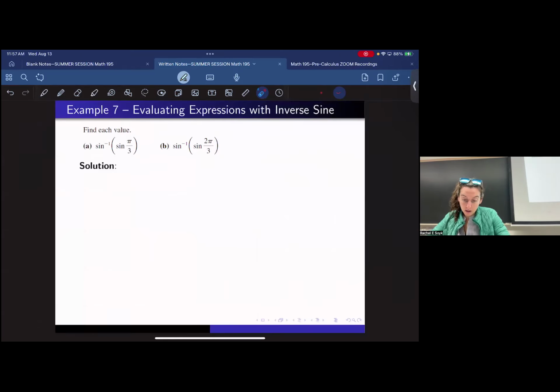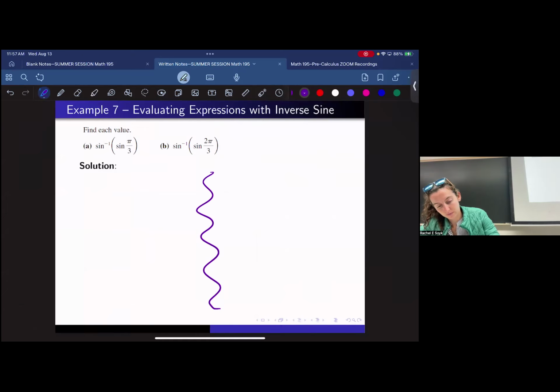All right, so now let's find each value. And I'll maybe show it to you guys both ways so that you're comfortable with it. First, we'll just do it by the long way of solving it so that we understand. And then we'll apply the rules that we just learned on the previous slide. So what is sine of π/3?